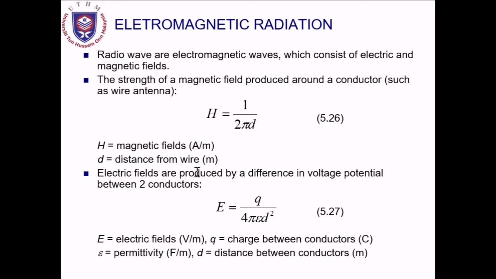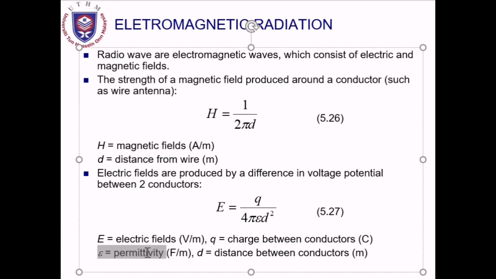Electric fields are produced by the difference in voltage potential between two conductors. This is the equation for the electric field, where E is the electric field, Q is the charge between the conductors, epsilon is the permittivity, and d is the distance between the conductors in meters.